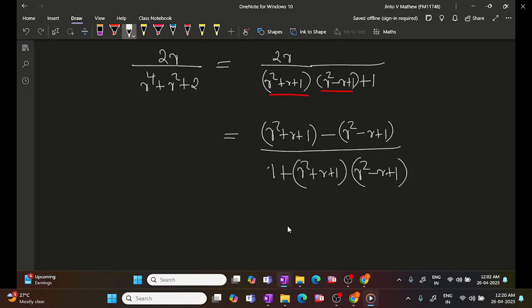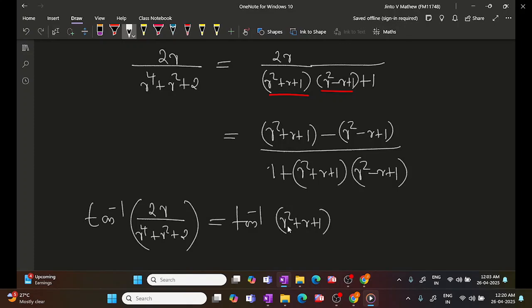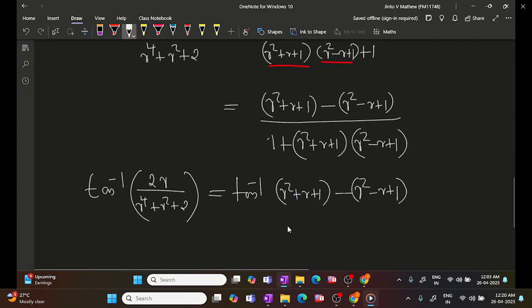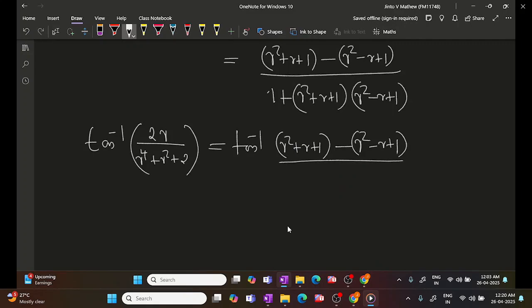Now see, then here how do we write tan inverse 2r by r raised to 4 plus r square plus 2? It is nothing but tan inverse r square plus r plus 1 minus r square minus r plus 1 divided by 1 plus r square plus r plus 1 into r square minus r plus 1.